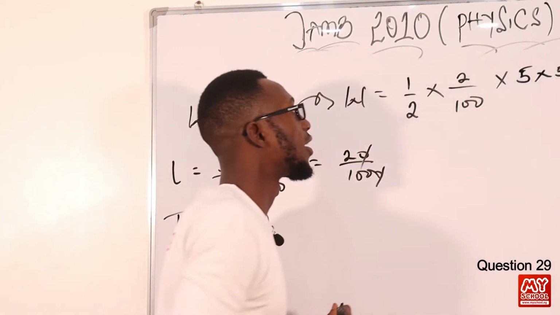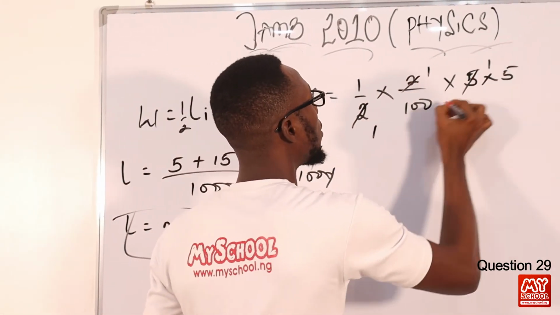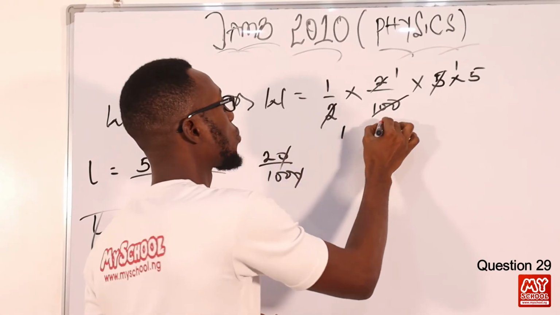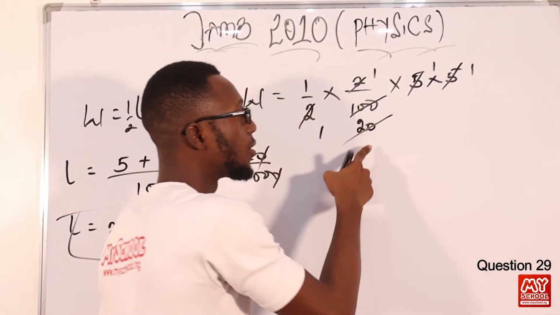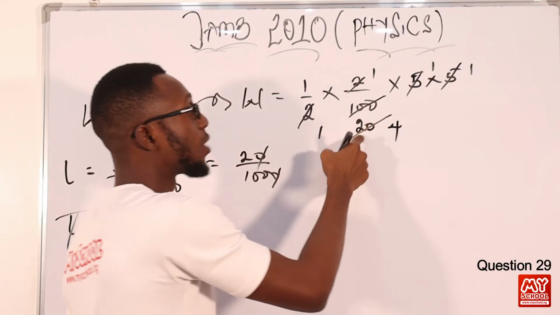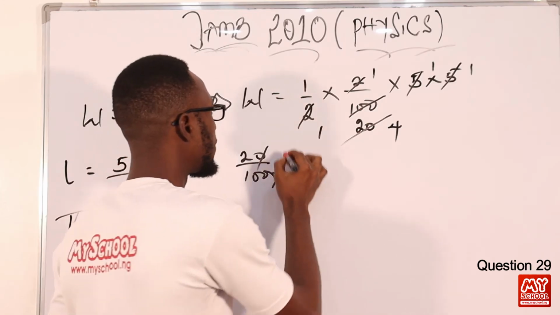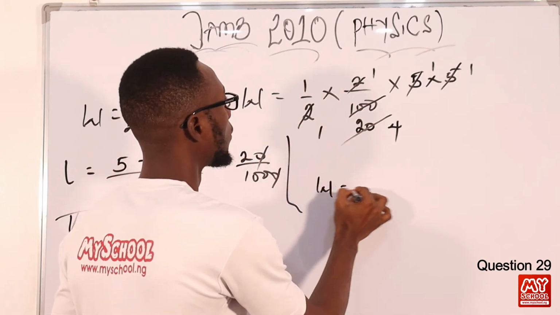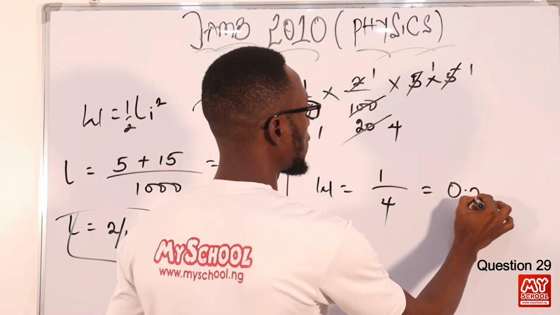So we are doing great. 5 in 100 is 20, 5 in 20 again is 4. 5 in 100 is 20, 5 in 20 is 4. So for the numerator, I have 1, and for the denominator, I have 4. So 1 over 4 is 0.25.